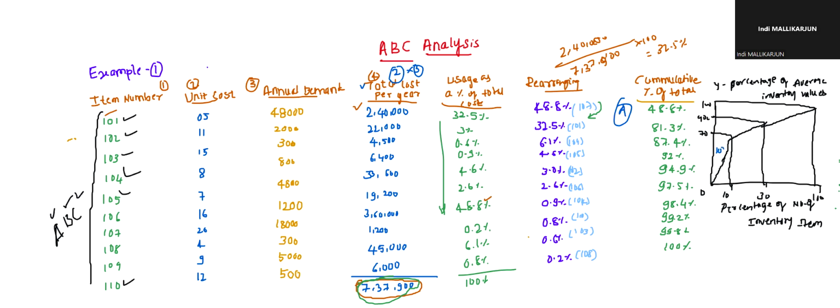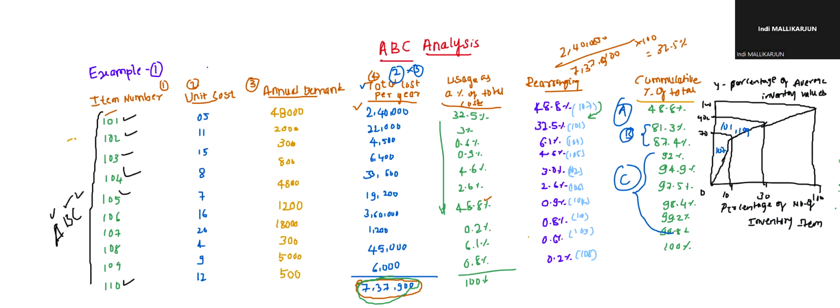This belongs to category A. And 70 to 90 means these two belong to category B. What are those? 101 as well as 109. Next, the remaining things belong to category C because they are 90 to 100. The remaining things you have to write in category C.